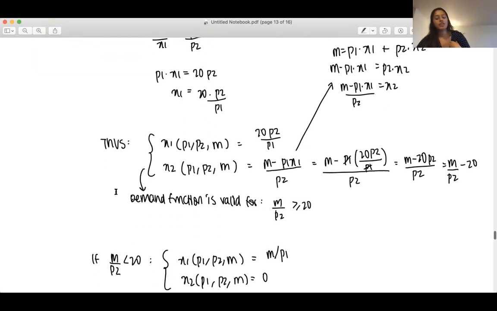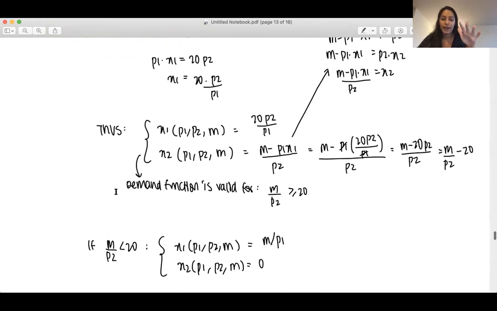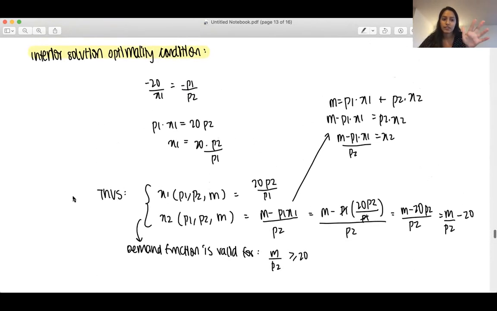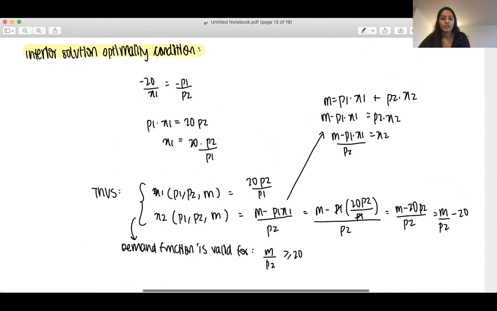Here there are two parts to how you write out a Marshallian demand function. Firstly, we go with the X1 that we derived from rearranging the marginal rate of substitution. This is important; this is the way you're supposed to write it out. Some people have different styles, but this is what we did in class.